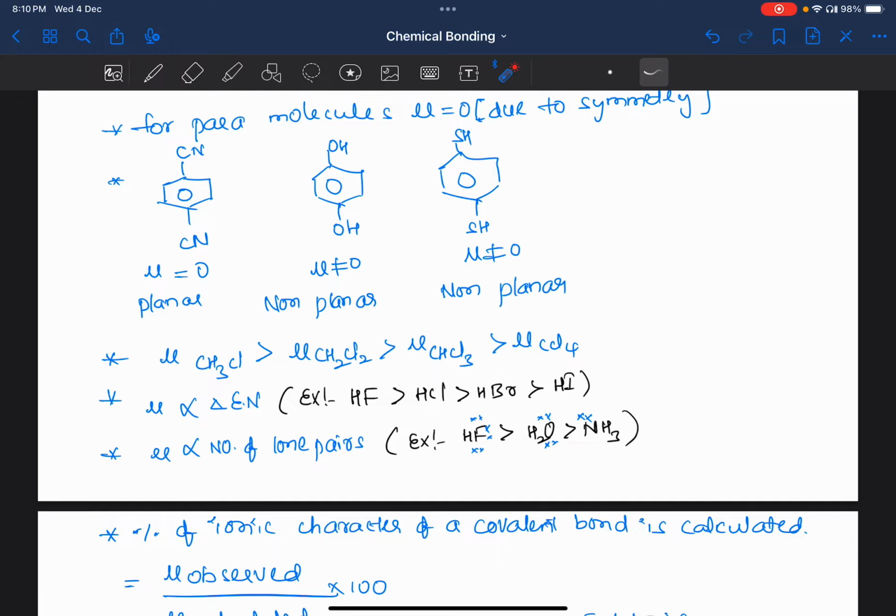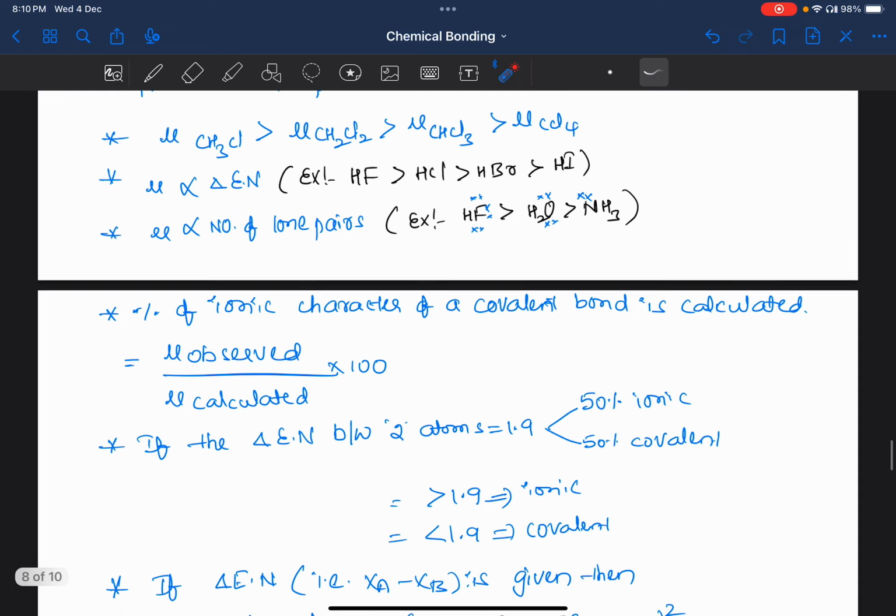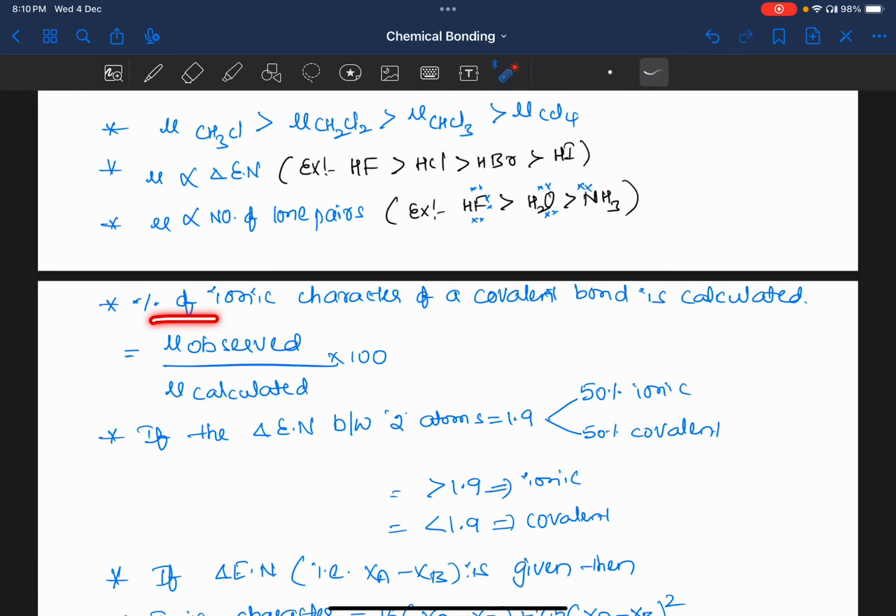The next point: the percentage of ionic character of a covalent bond is calculated using the dipole moment, with the formula: observed dipole moment divided by calculated dipole moment, times 100. The related problems will be given in the next classes.